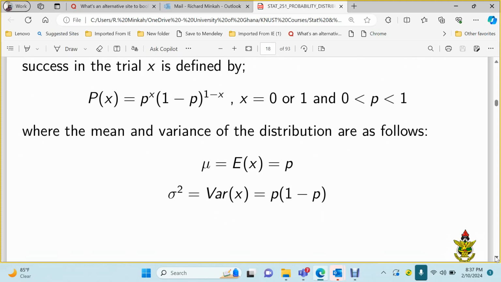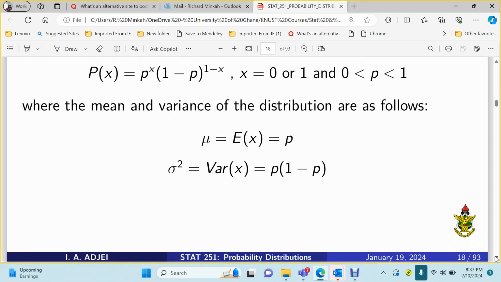Okay. So now, I said we toss a die. Our interest is in getting a 6, right? What is the expectation? 1/6. The expected value is 1/6. What is the standard deviation?